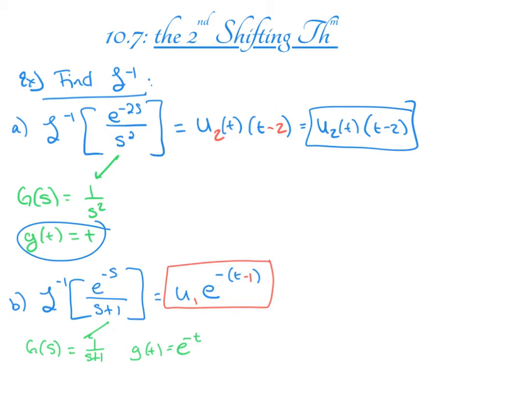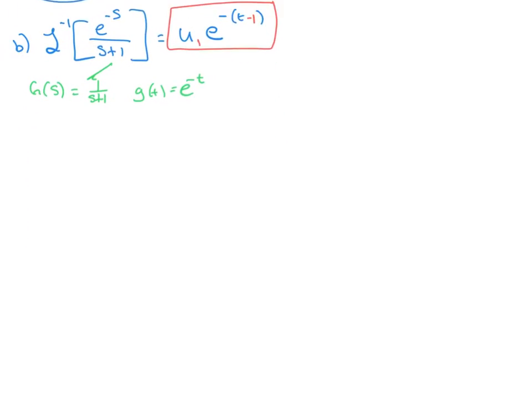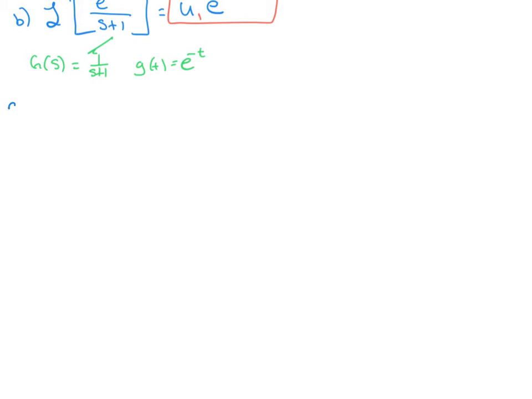Okay, let's do a couple more. Scroll up. C. We'll find the inverse Laplace for e to the negative 7s over s squared plus 9.